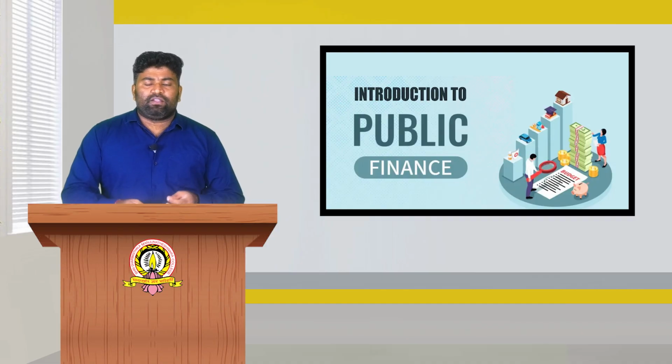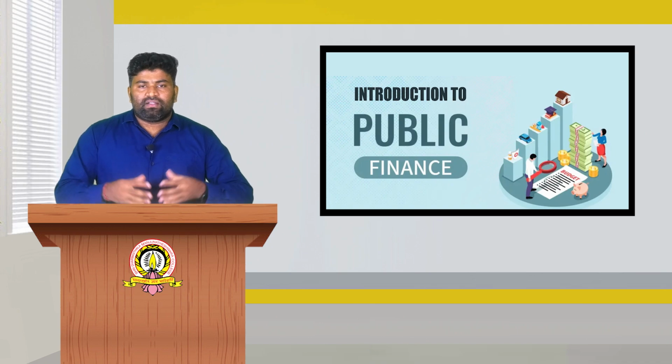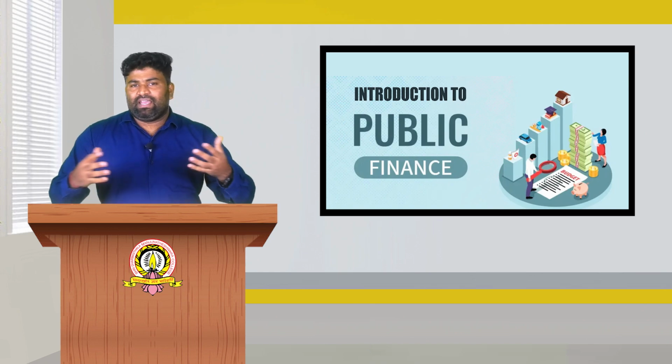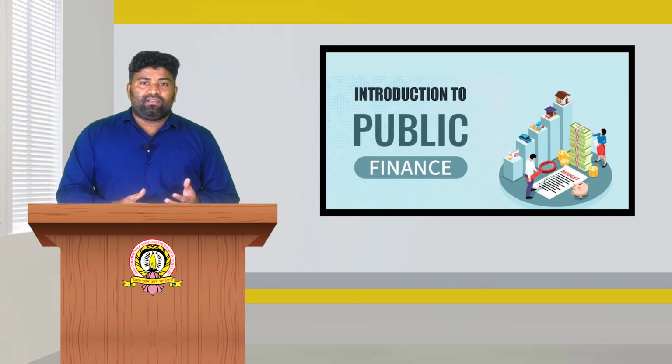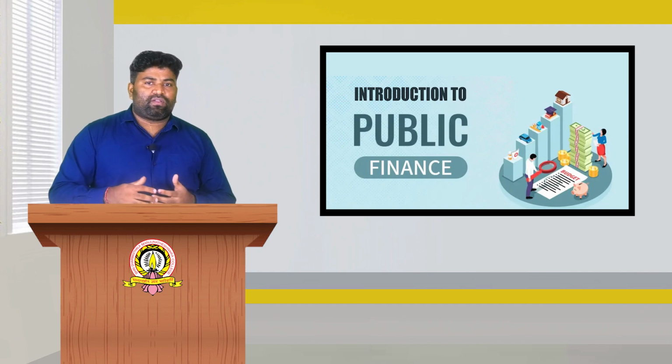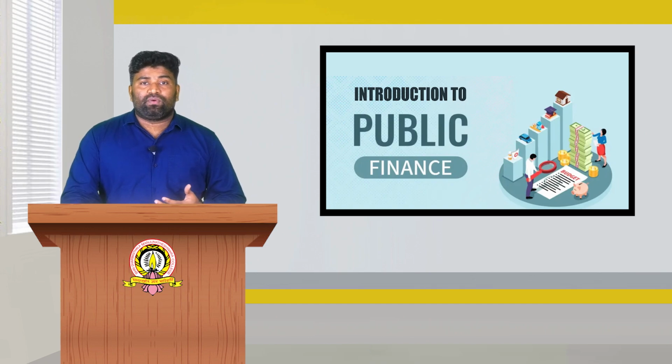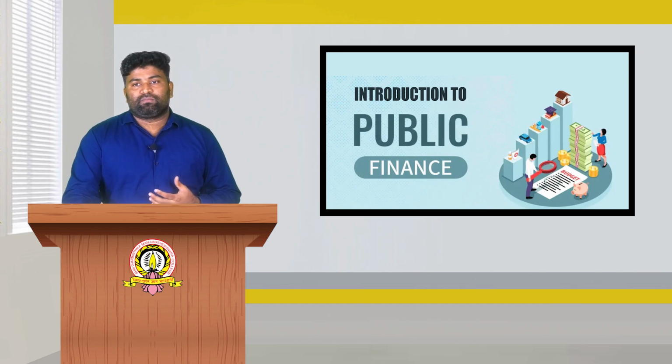Economic stability plays a key role in a country's credibility and solidarity. If a country is very stable, then we can attract any investment or FDI, foreign direct investment, from any of the countries. So economic stabilization is another important subject matter.